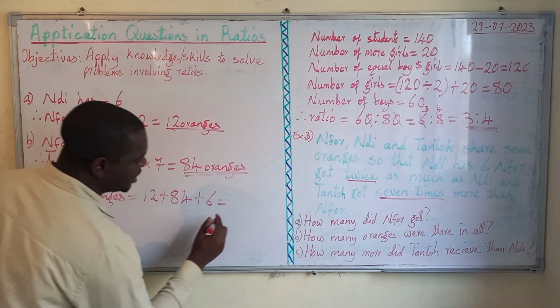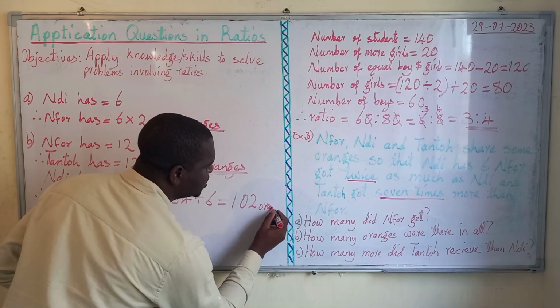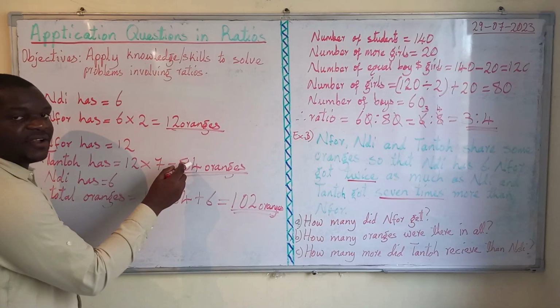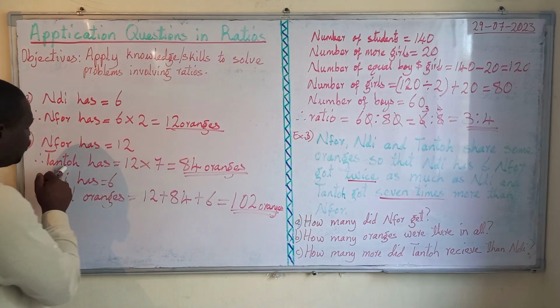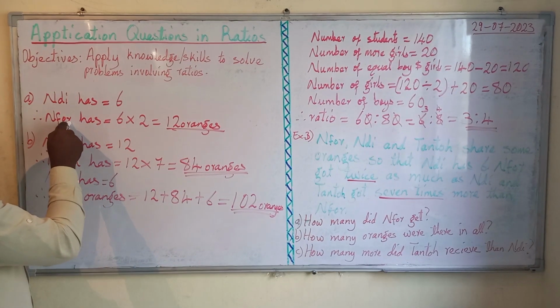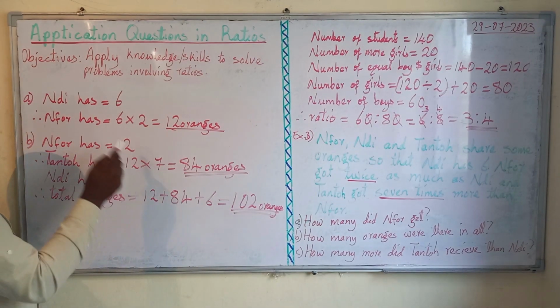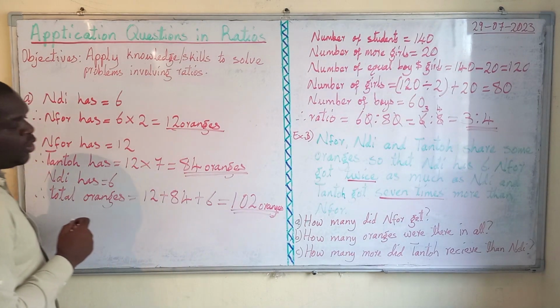And this will give us a total of 102 oranges. This is vital, it's very important. Because above here we already have Ndi and Mfo, so if you don't calculate Tanto's share, it will be difficult to have the total share of oranges.